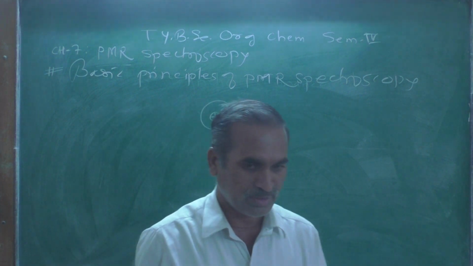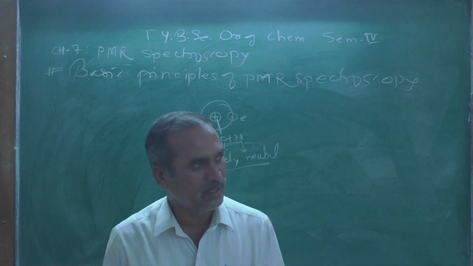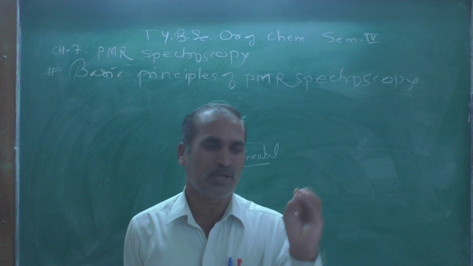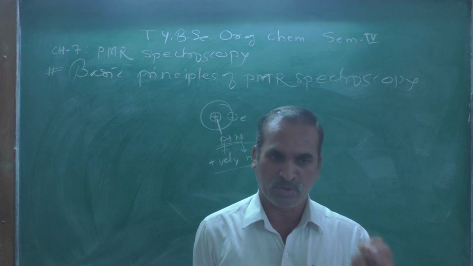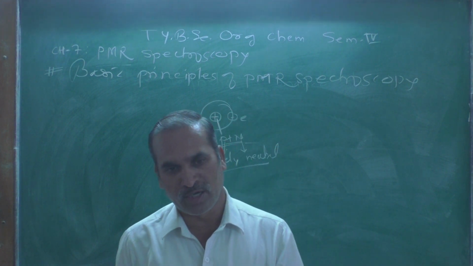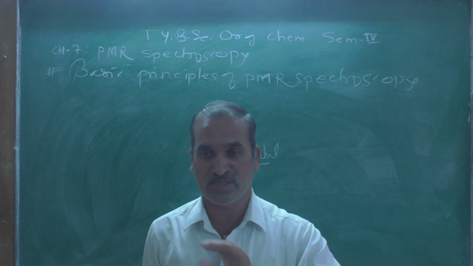The nucleus of any element contains protons and neutrons; protons are positively charged, neutrons are electrically neutral, and electrons are negatively charged.